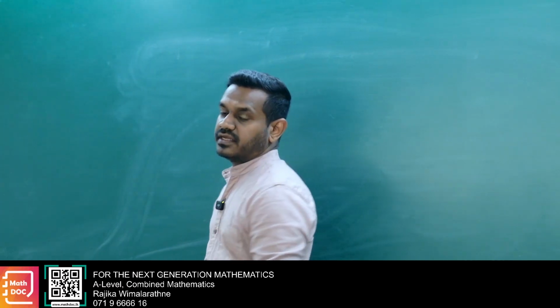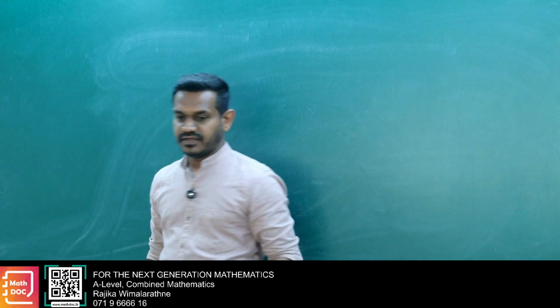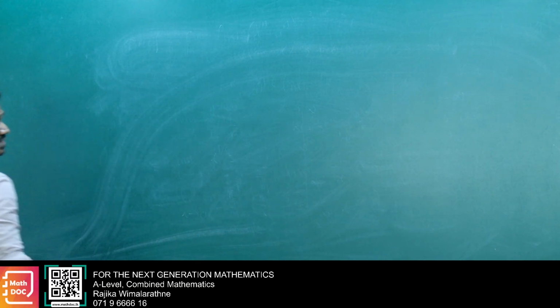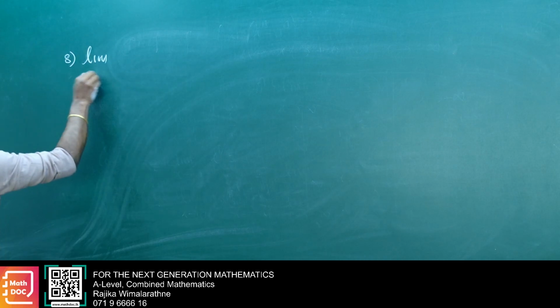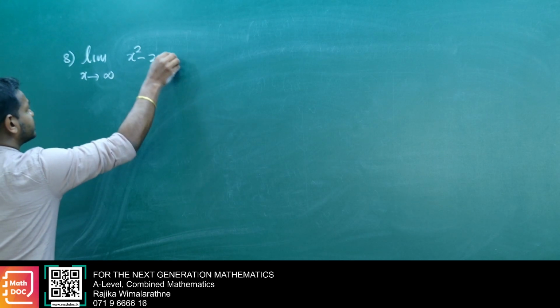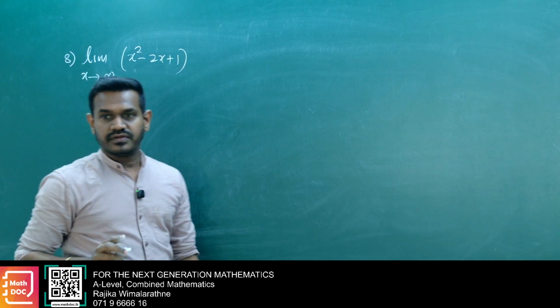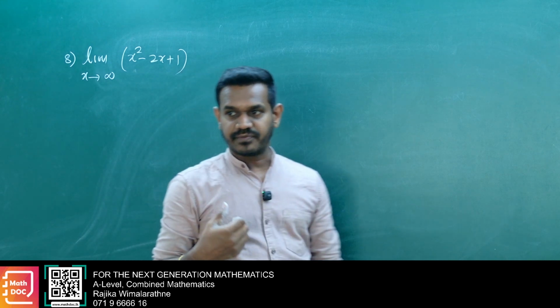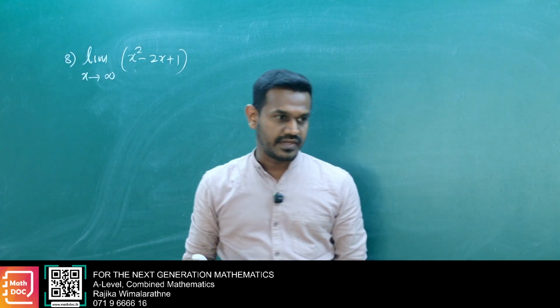Okay, let's do a few more examples. Take question number 8: limit x goes to infinity, x square minus 2x plus 1. When you substitute infinity, we have a problem: infinity minus infinity appears. This is undefined.